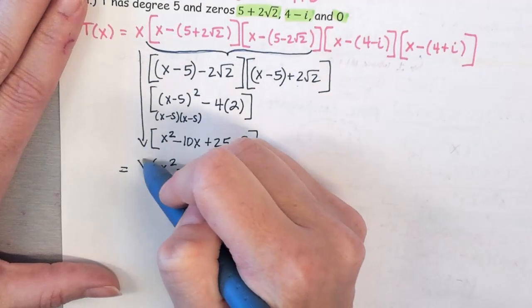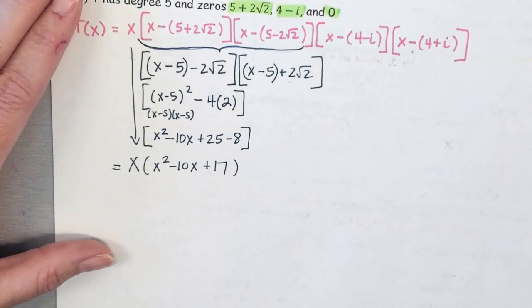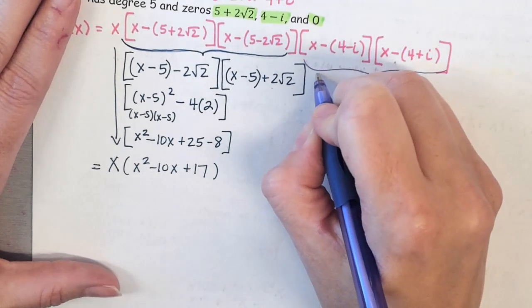Okay, and then once you have that simplified, now we're going to simplify the rest. Don't forget about our little buddy x there. I'm just going to drop that right down. All right, and then we're going to FOIL here.